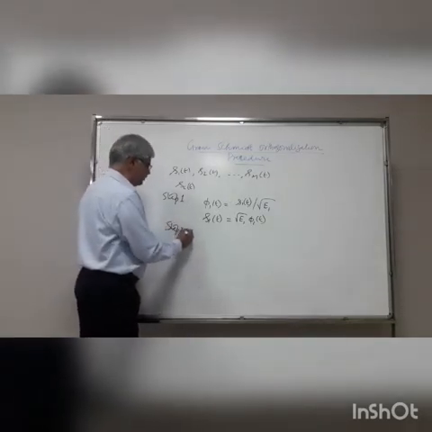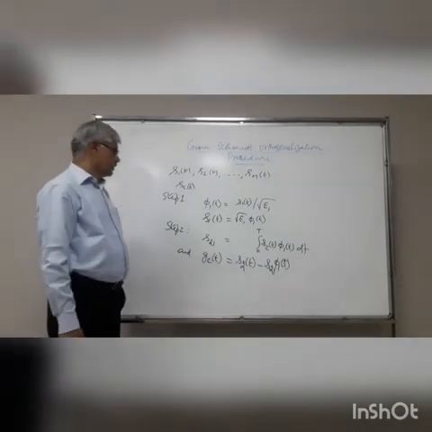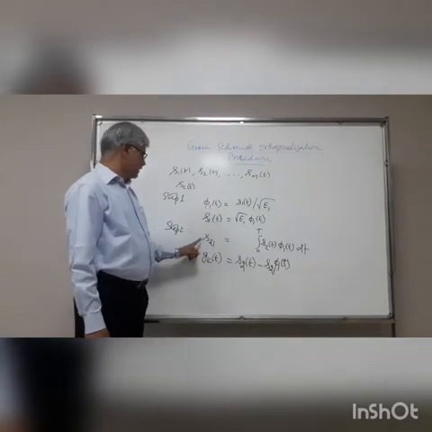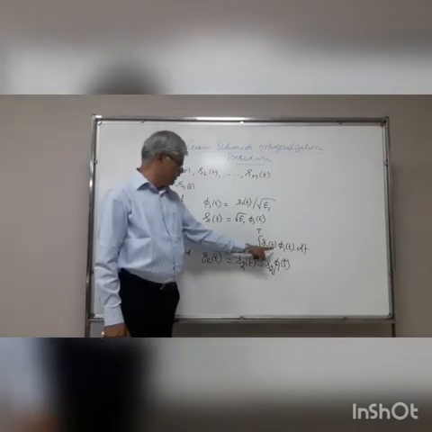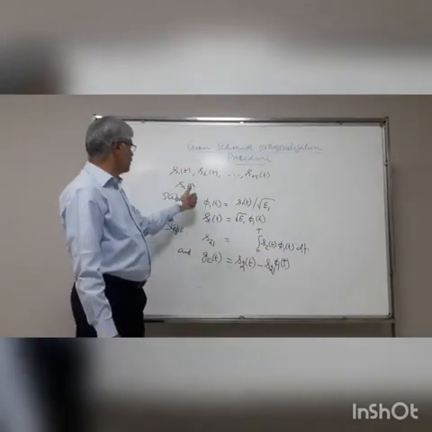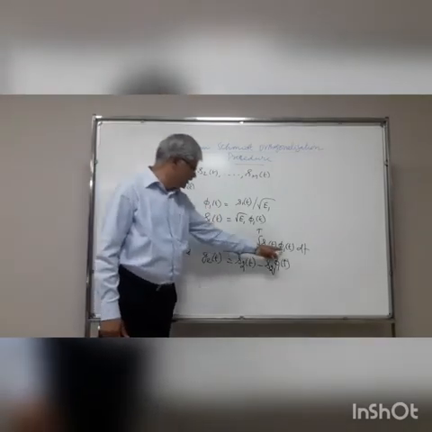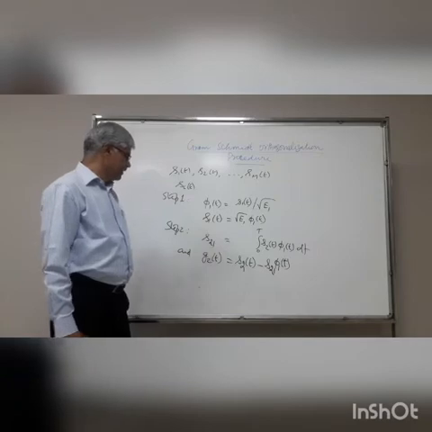Now the next step, step 2. We define phi 1 to be like this, and let us define S21 to be the integral of S2 of t times phi 1 of t. We already know S2 of t. We have already obtained phi 1 of t. Using these two, we define the coefficient called S21 like this.